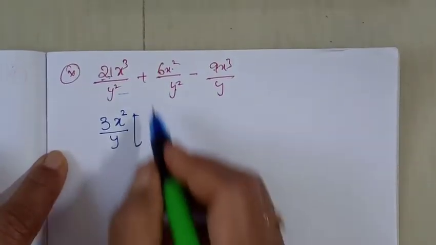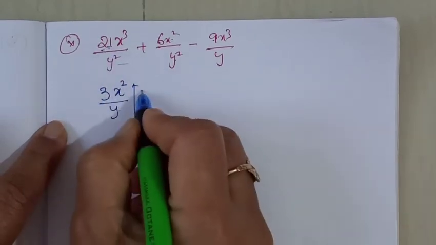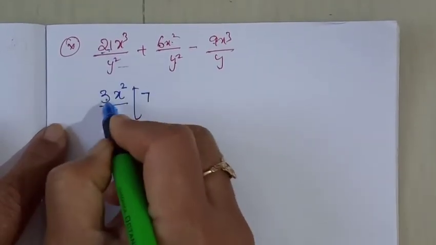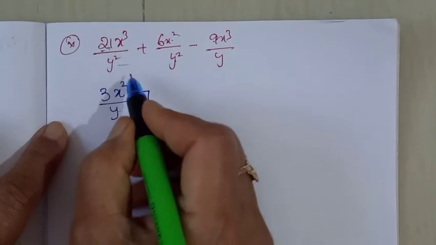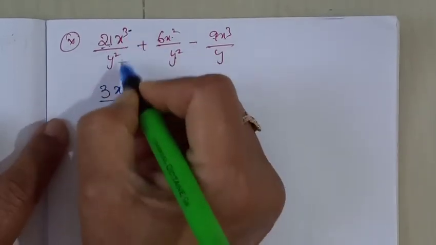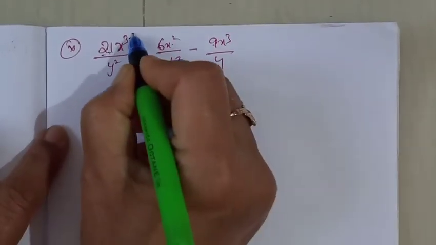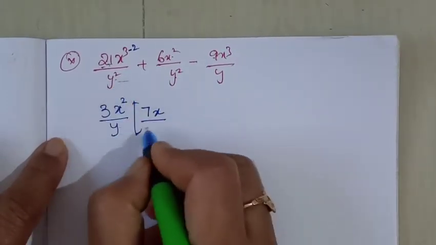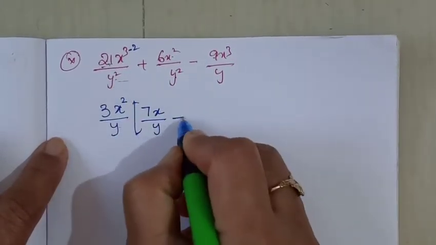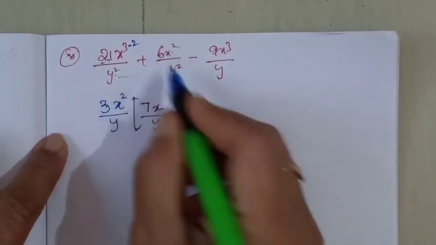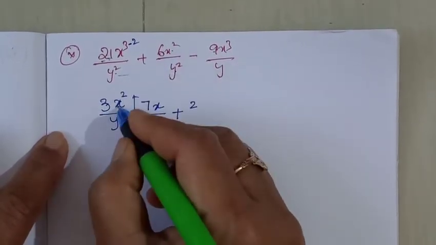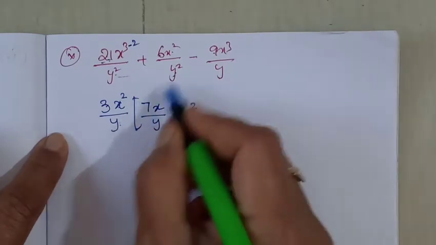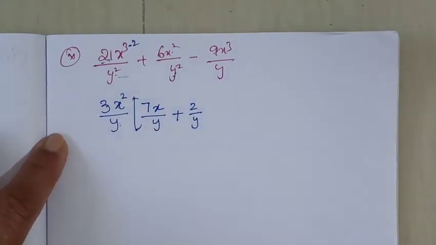Okay. So what is left here? 3 sevens are 21. Here 3x cube and this is square, minus 2 means only x will be left. And 1 y we have taken out, so 1 y will be left. Plus as it is, 3 twos are 6, so 2. x square we have taken common, 1 y we have taken common, so only 1 y will be left.